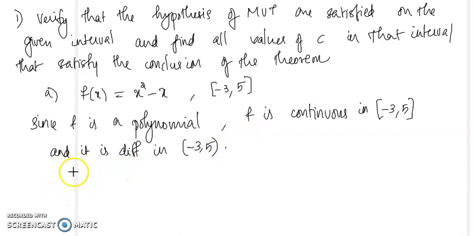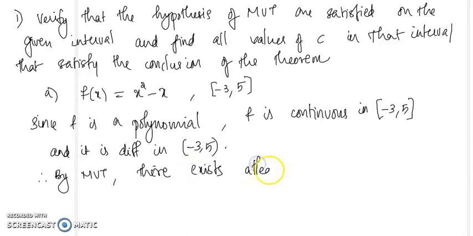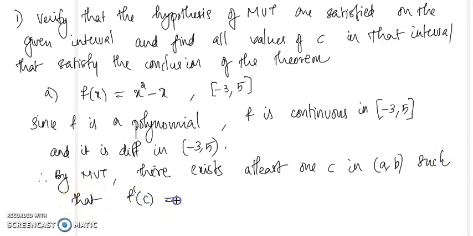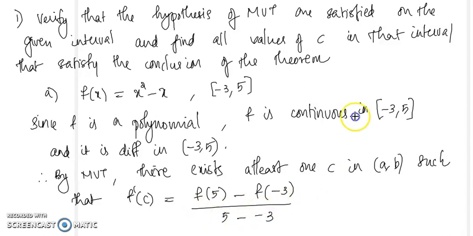So therefore by mean value theorem there exists at least one c in open interval ab such that f dash of c will be equal to fb minus fa by b minus a. So that is f of 5 minus f of minus 3 by 5 minus minus 3.